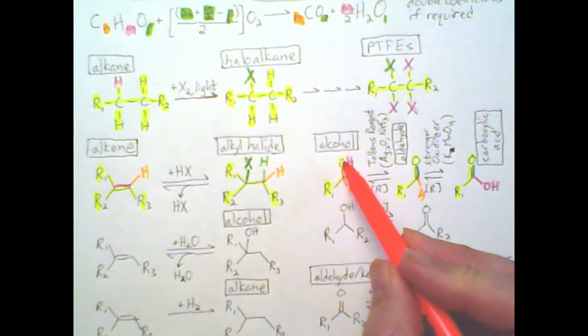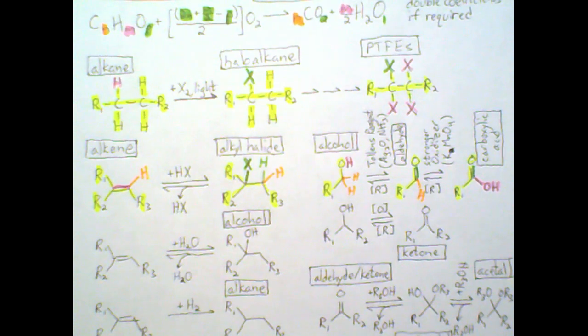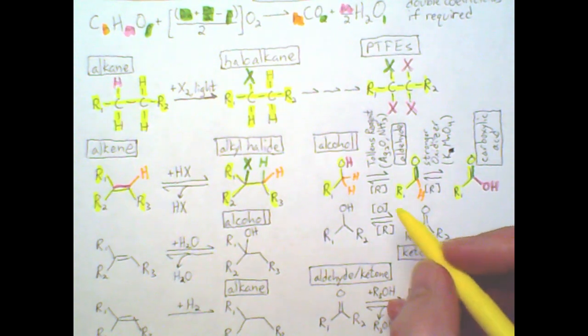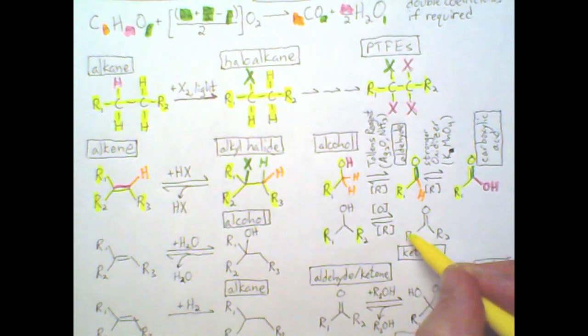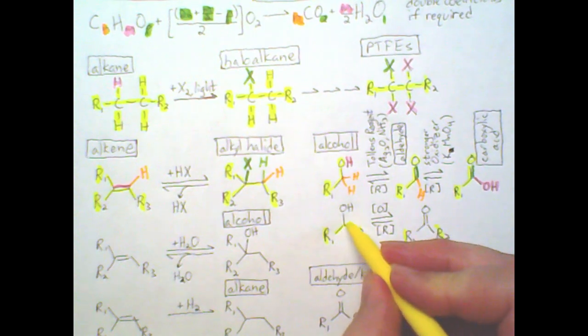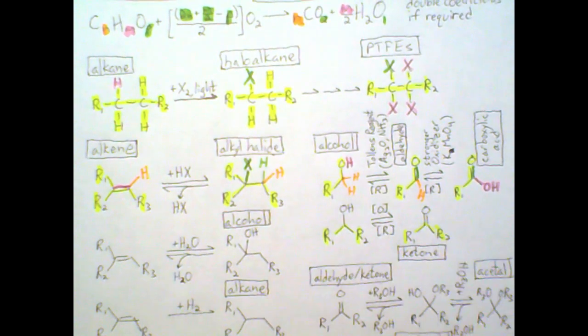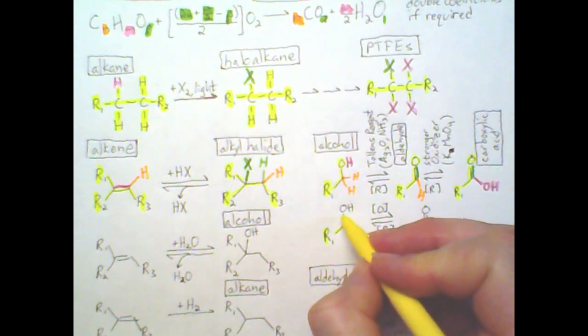This all happens with our primary alcohol here. Here we have a secondary alcohol, and we can see what happens when it is oxidized. R1 and R2 stay the same. The carbon in the center stays the same.